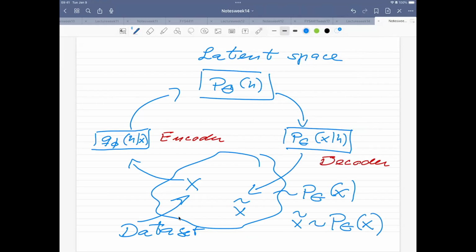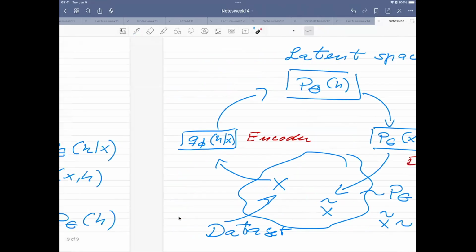So what I want to do now is simply to set up the derivation of the variational autoencoder again. Keep in mind that this is the quantity we want to optimize in terms of these parameters theta, but we also have a set of parameters here which we need to define.